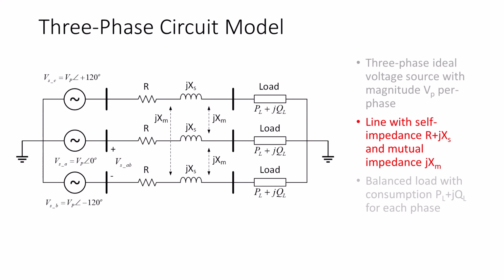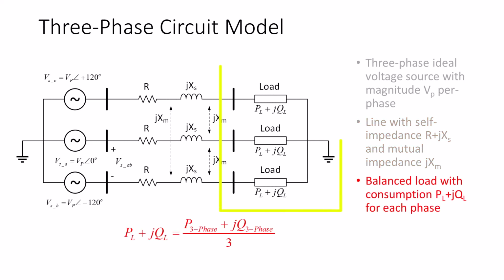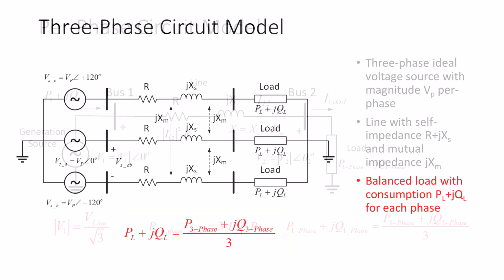For a high voltage circuit, the reactance XS is typically much larger than R, but as the voltage drops, the ratio of inductive reactance to resistance drops as well. Finally, for the load model, we have an equal real and reactive power consumption per phase. The single-phase load power consumption is the three-phase power consumption divided by 3.